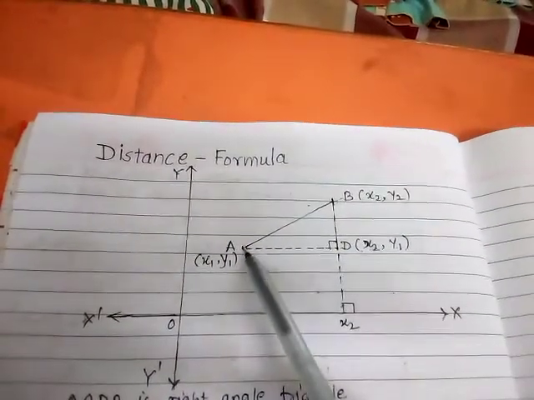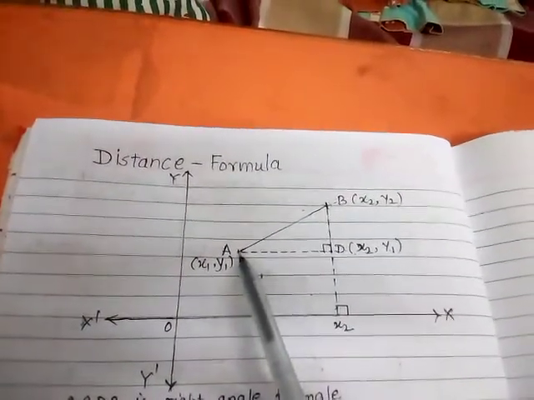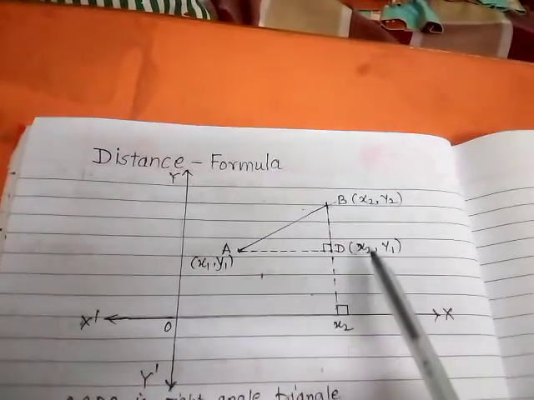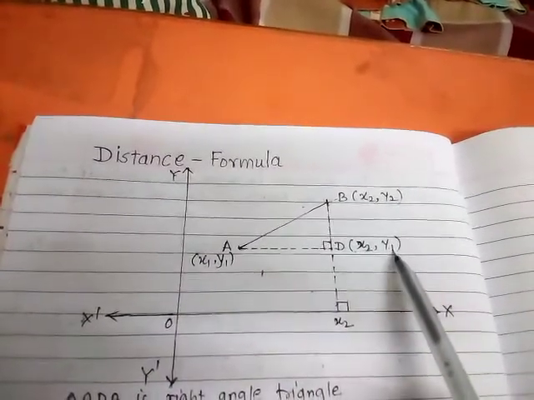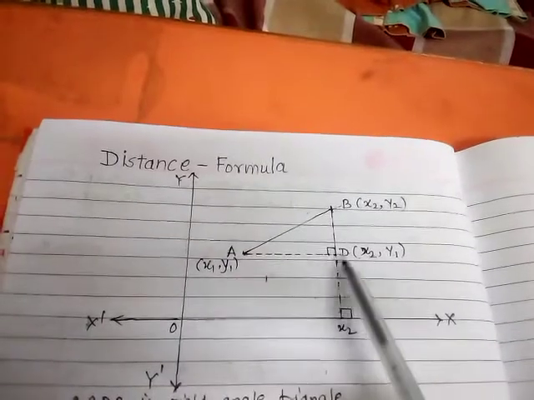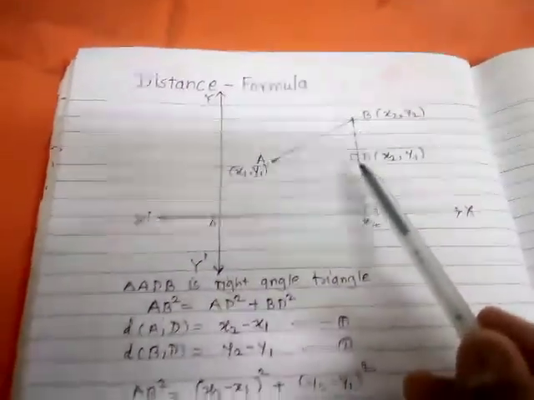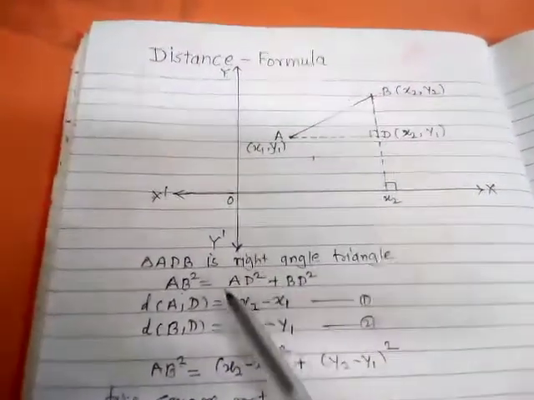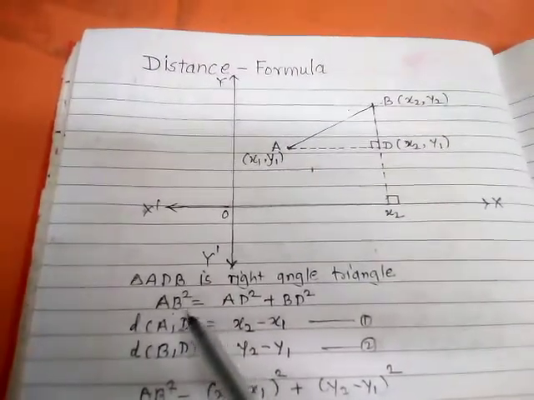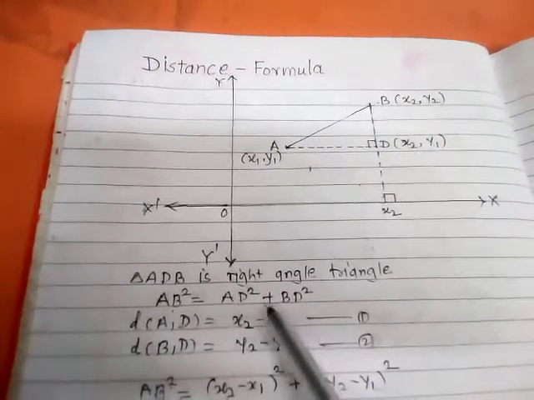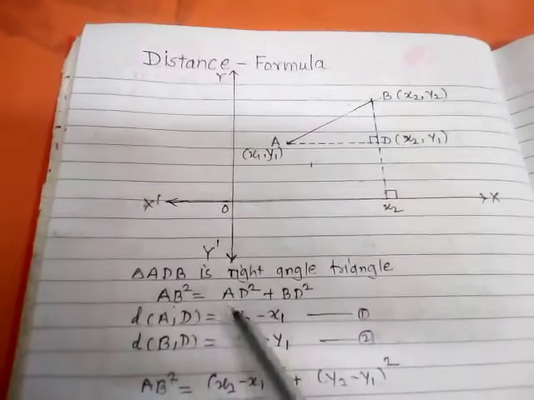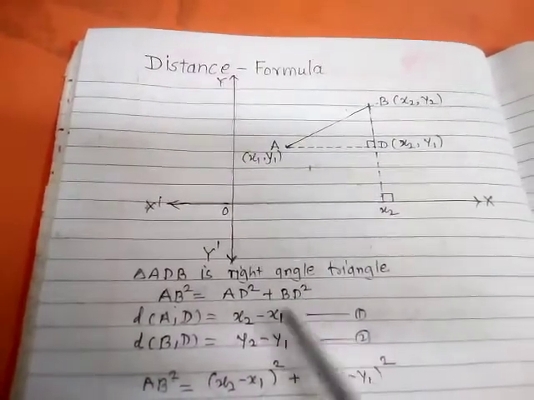Again, we draw a perpendicular from A to D. The coordinate of D is x2, y1. Triangle ADB is a right angle triangle. Therefore, by the Pythagoras theorem, AB square is equal to AD square plus BD square. We can find AD as well as BD.